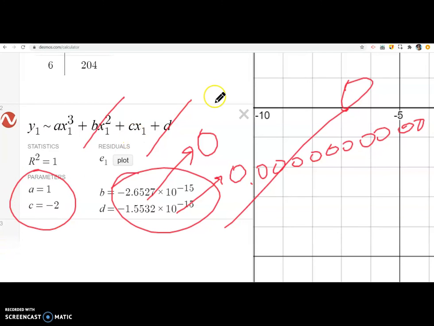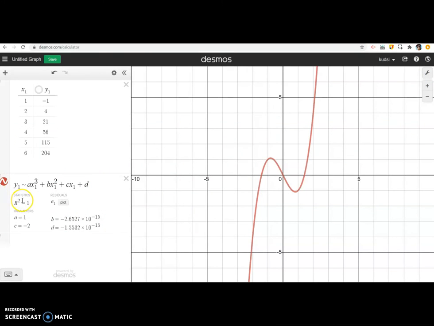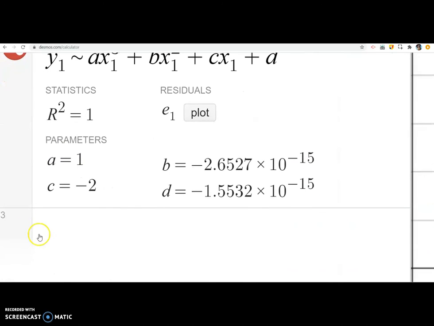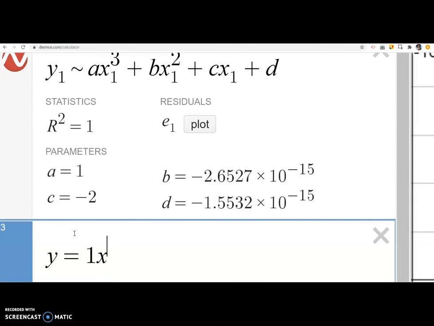So what the heck does that mean? Let's get all this off here. What it means is you can take all this and your new equation, instead of A, I'm going to put 1, x to the third. We don't have a B. We do have a C as -2.